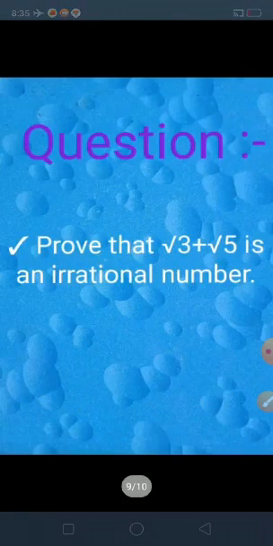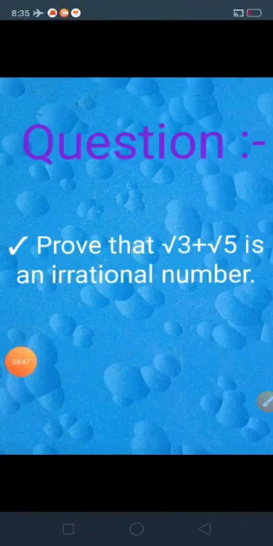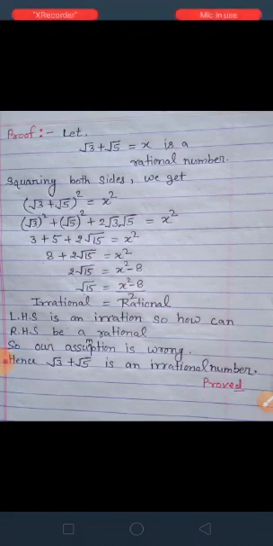Now, the next question is: prove that root 3 plus root 5 is an irrational number. Students, let us see the proof of this question. Let us suppose root 3 plus root 5 is equal to x. This is a rational number, because we have to prove root 3 plus root 5 is irrational.